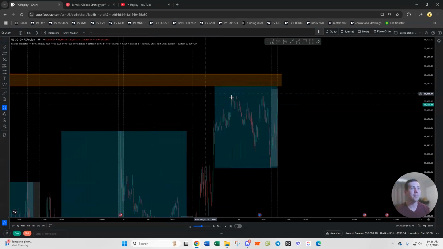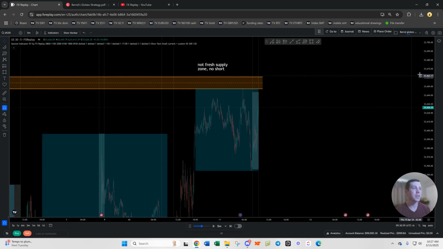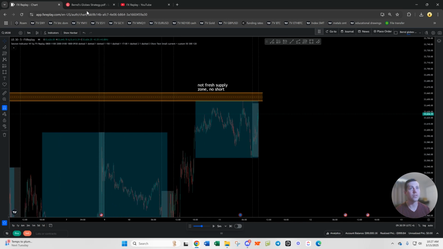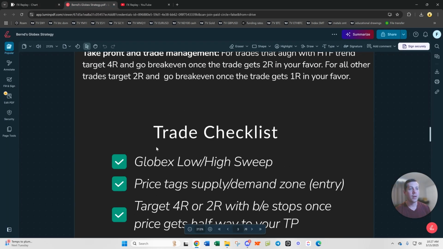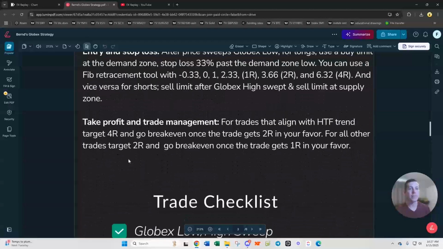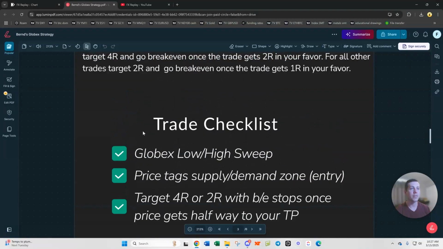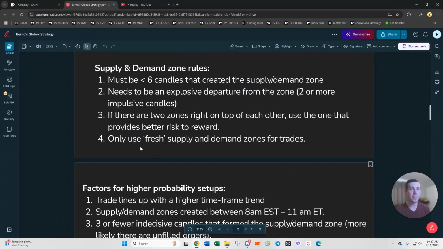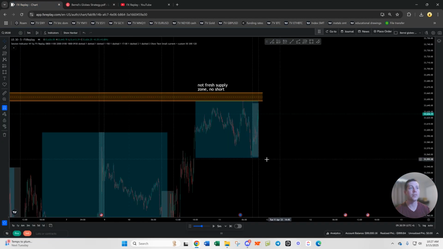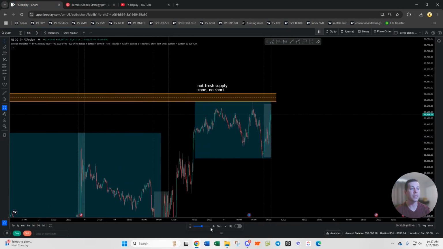It could provide a valid setup, but I'll say not fresh, supply zone, no short. We'll see if it plays out, but sticking to the rules, we have to make sure we're using fresh supply and demand zones that haven't already been tapped into. So we wouldn't use this one for a valid setup.